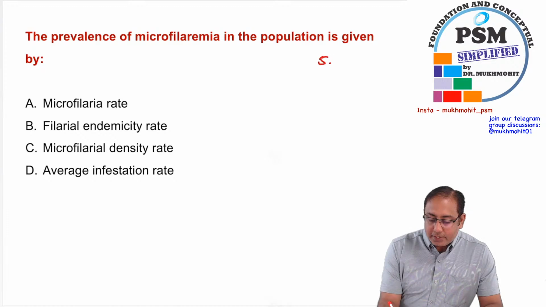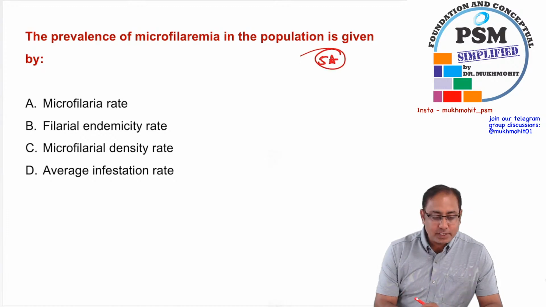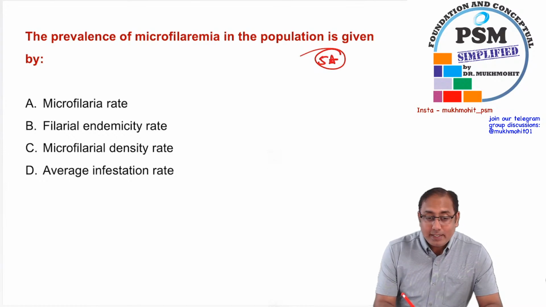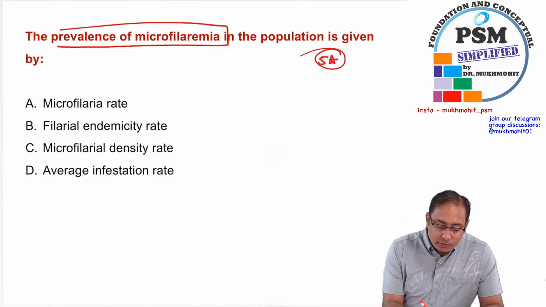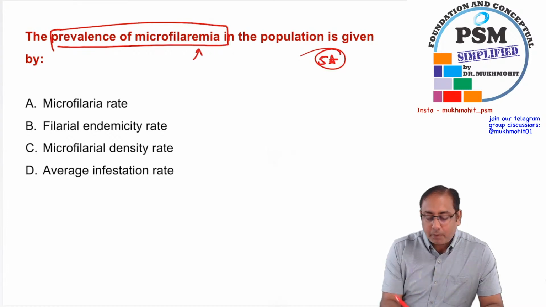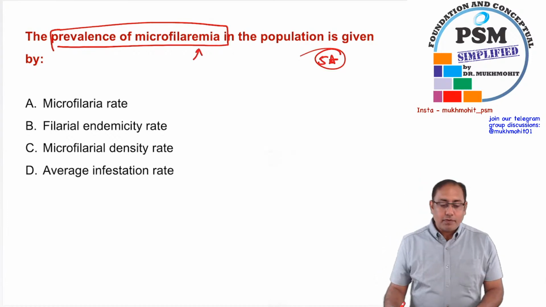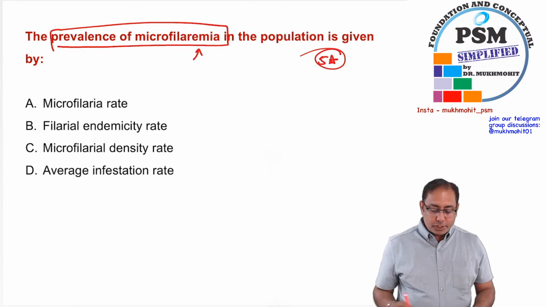This is again a 5-star MCQ frequently asked in your exam. So microfilaria rate, filarial endemicity rate, microfilaria density rate or average infestation rate. Prevalence of microfilariasis in the population.